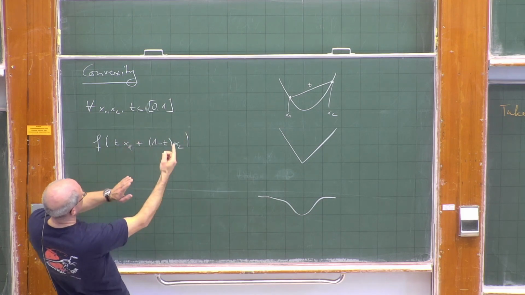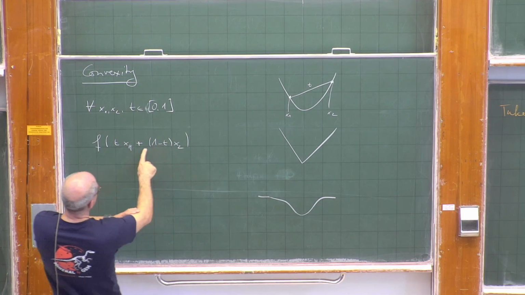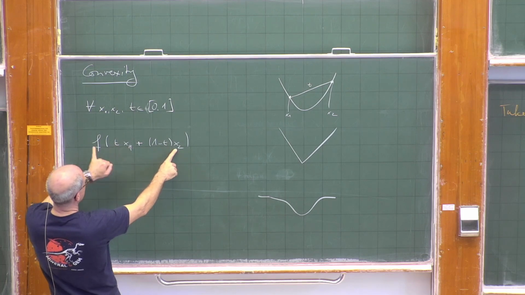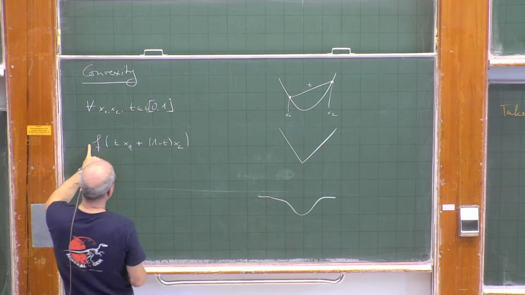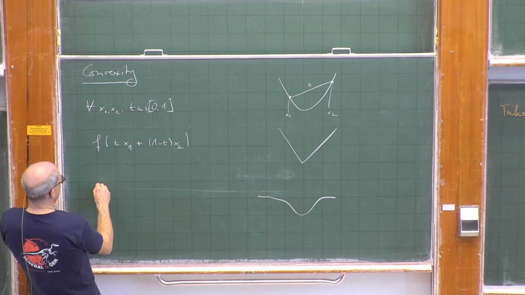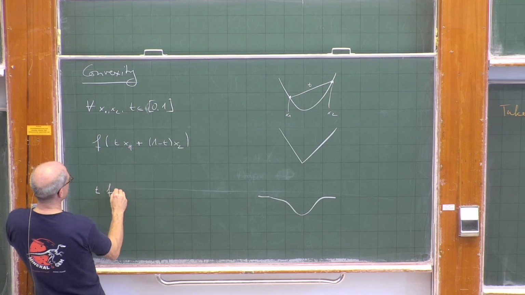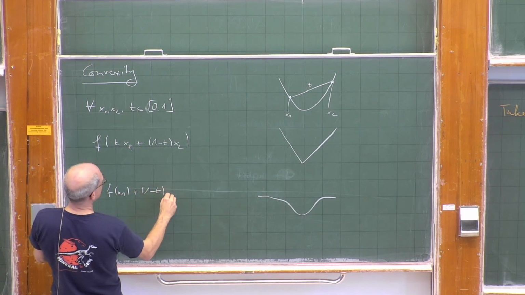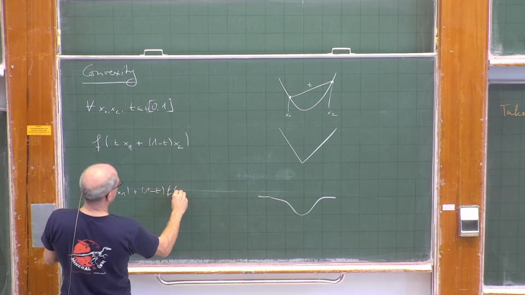Okay, now it goes from right to left. But so we interpolate between the coordinates and we look at this function. And on the other hand, I can look at my function where I say, let's take t times f of x1 plus 1 minus t times f of x2.